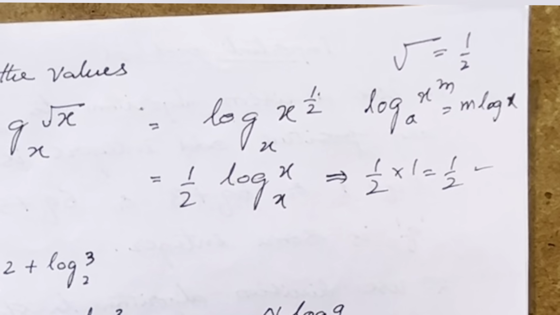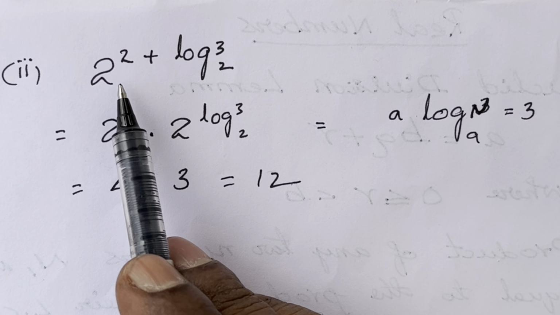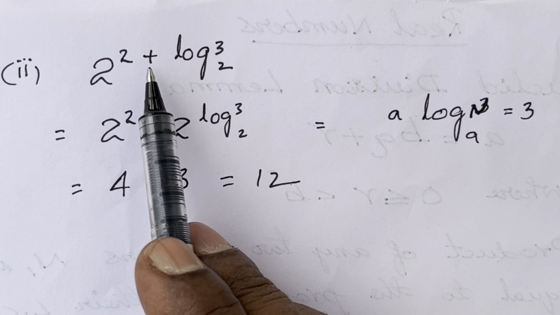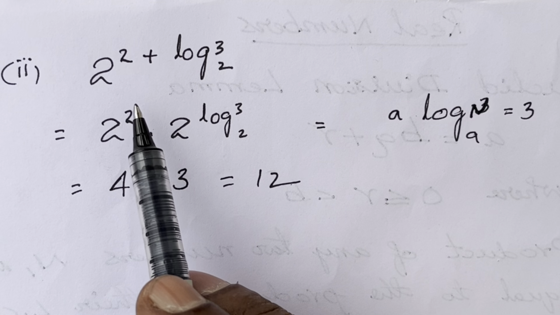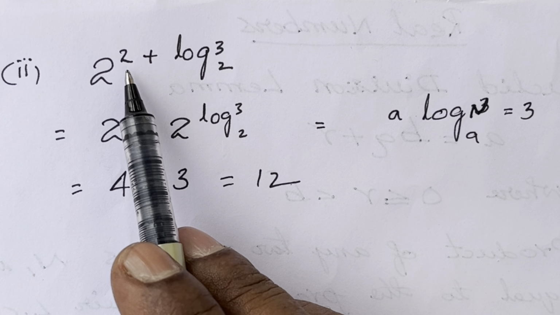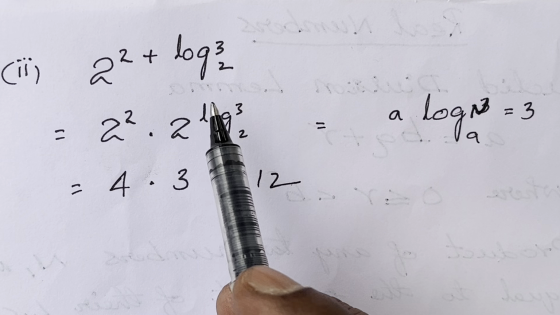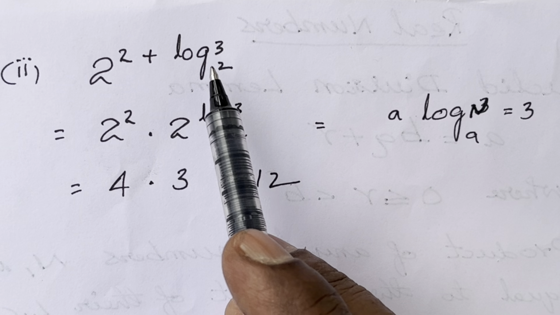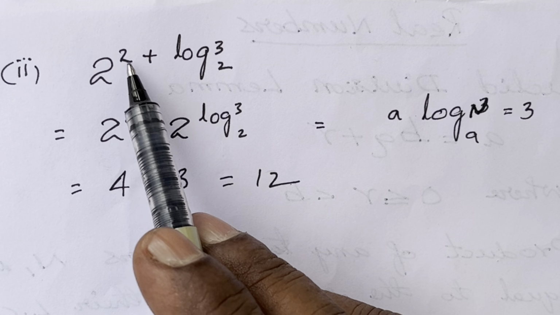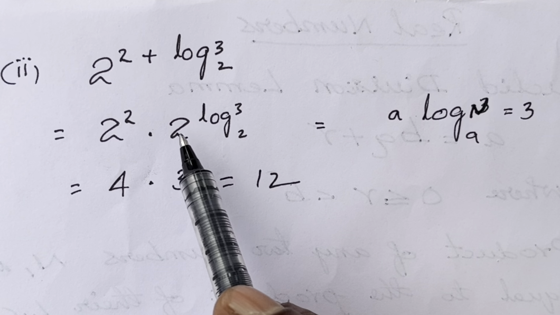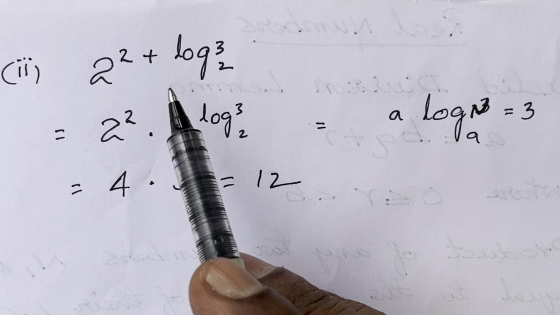This is one interesting sum. Then one important sum I am showing here: 2 to the power of 2 plus log 3 base 2. How to do this sum: here 2 is having the power 2 plus log 3 base 2. That means this log 3 base 2 is also a power of the same base. So we have to see here 2 square into 2 to the power of log 3 base 2, because whenever the bases are same, powers should be added.